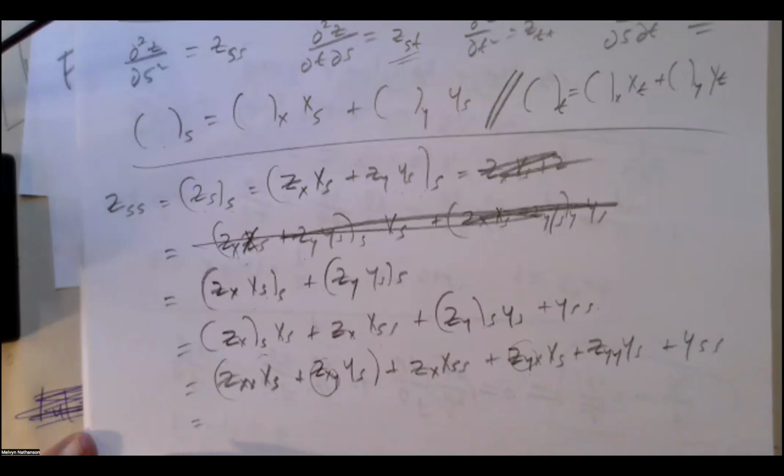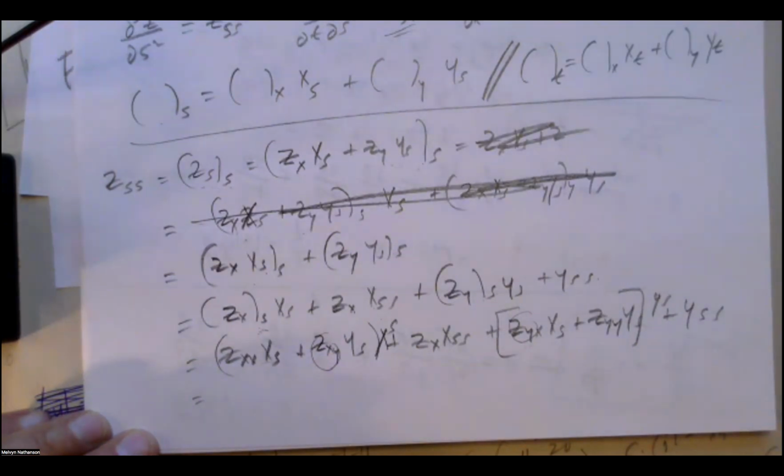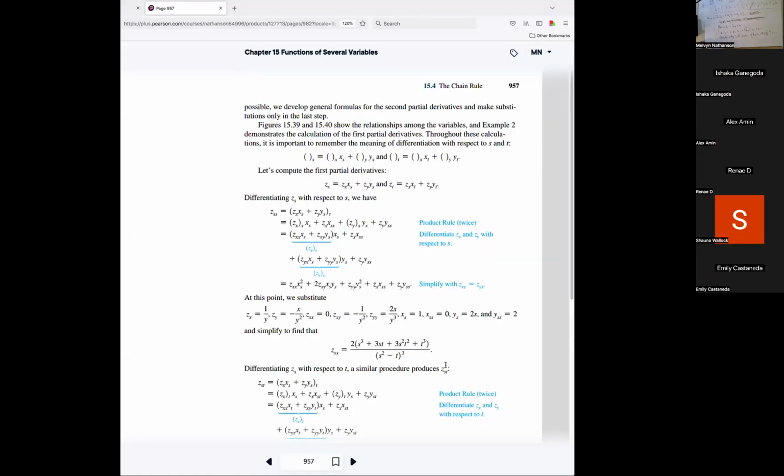I have zxx, it's this times x sub s and this times y sub s. So instead of my trying to write this out painfully, let me just show you what it looks like in the text, because I'm trying to follow the example in the text.